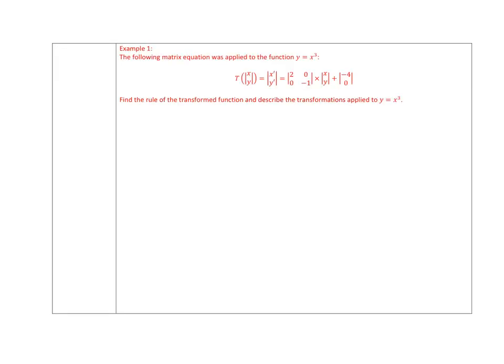Now looking at how this applies to an example, it says the following matrix equation was applied to the function y equals x cubed. So if we had a transformation applied to a function, as we can see here, we know that y equals x cubed must indeed be the pre-image. So we might as well label that now.